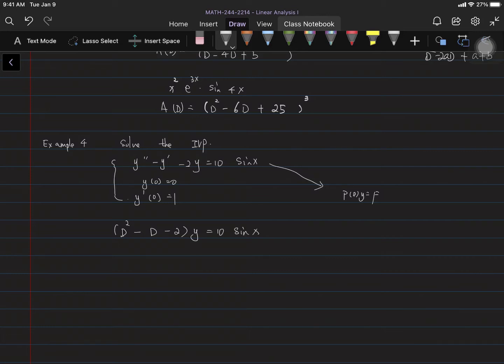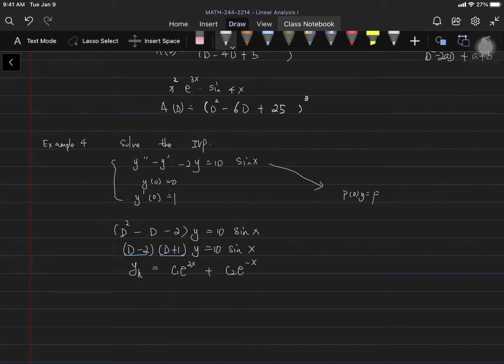We can further simplify because we need to find the homogeneous solution yh. So we factor this: (D minus 2)(D plus 1)y equals 10 sine x. So what is yh? C1 e to the 2x plus C2 e to the negative x. For those two, we find the general solution to the homogeneous differential equation.